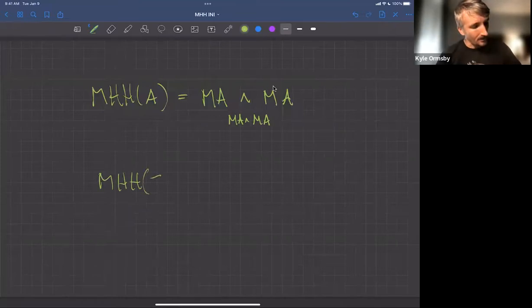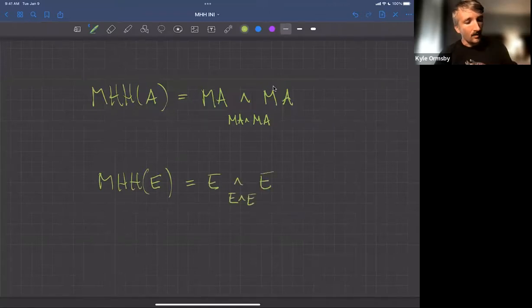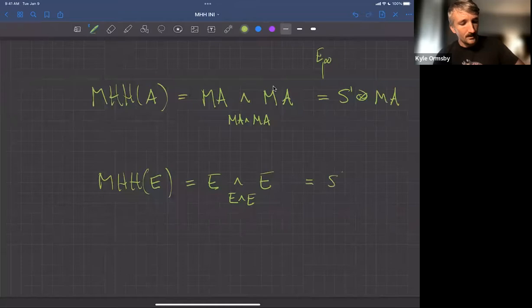Let's call that E, is E smash over E smash E with E. So here we're kind of conflating A and MA. It's worth noting that this is in the E infinity case, that both of these are S1 tensor the object in question.